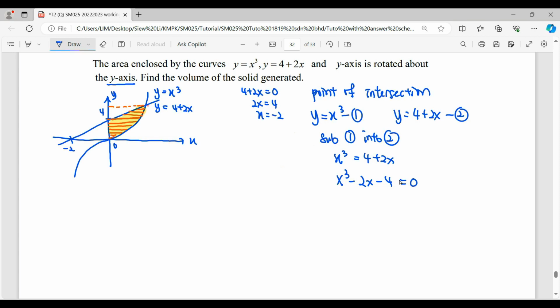You can find one of the roots is x equals 2, so the factor is x minus 2. To find the rest of the factor, I use long division. The multiplier here is x squared, so that we get x cubed, minus to get the remainder.